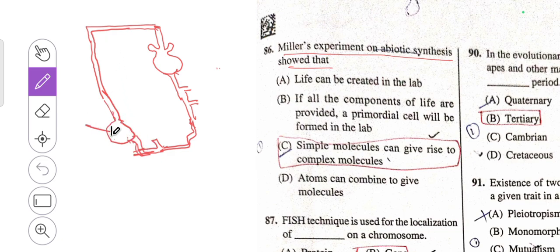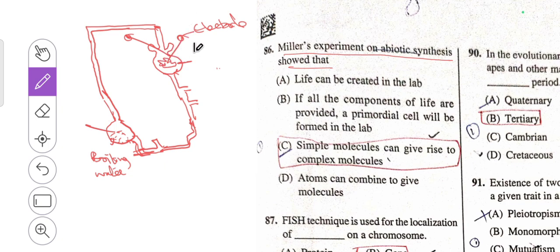So in this one, he started boiling the water here and kept the electrodes here. He made a spark in this gas chamber.